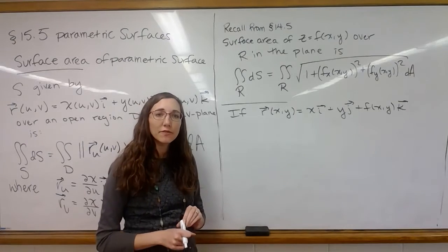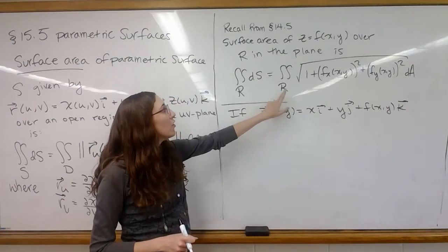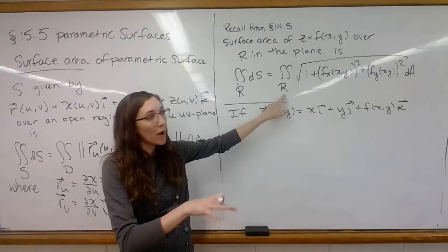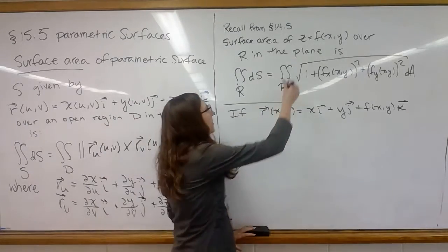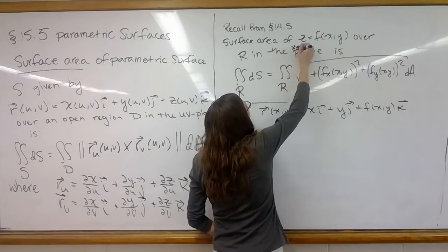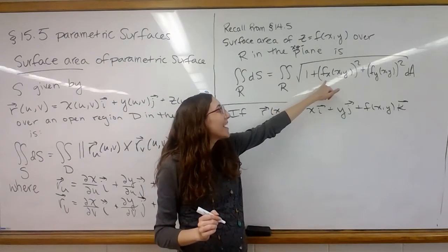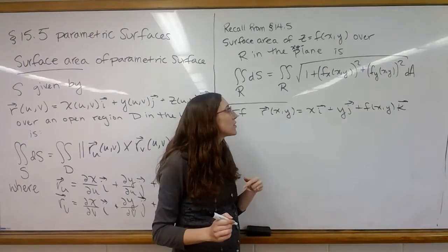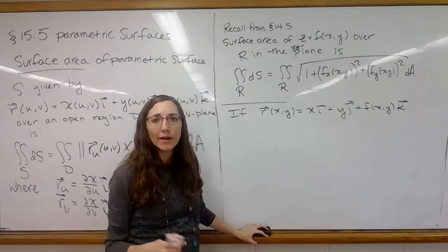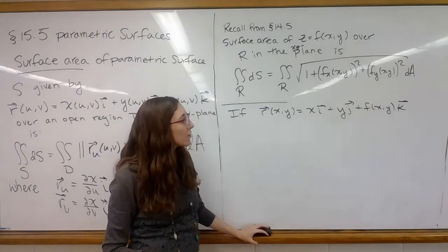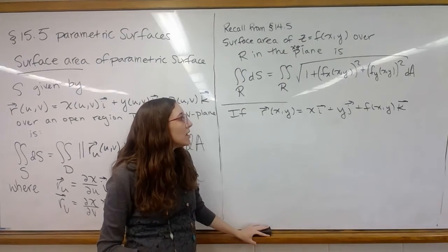The way that we did surface area was we did the double integral over the region R in the xy plane. Let me add that up here, xy plane. And what we do is the square root of 1 plus f sub x quantity squared plus f sub y quantity squared. And like I said, we're doing a double integral, so with respect to area.